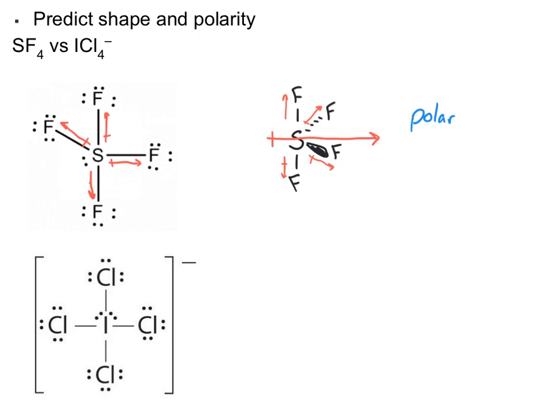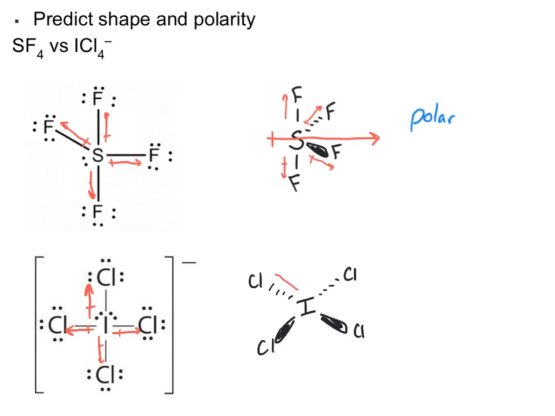Let's compare that to ICl4-. Once again, we definitely have 4 bond dipoles in this molecule, but let's see what the overall effect of those is when we're looking at the actual molecular shape. Our molecular shape of this molecule turns out to be a square planar molecular shape.